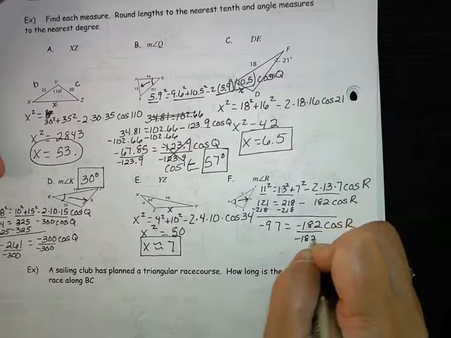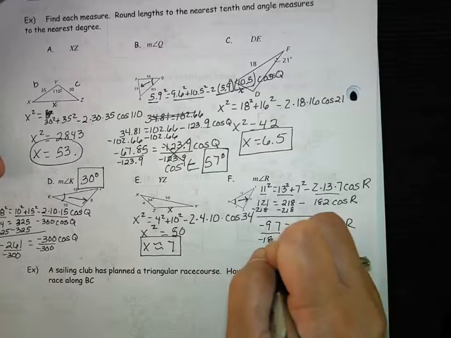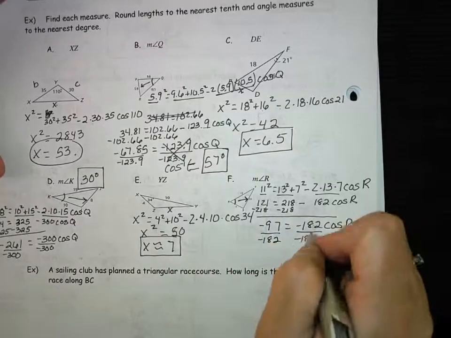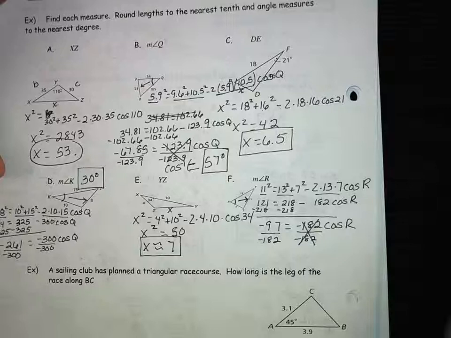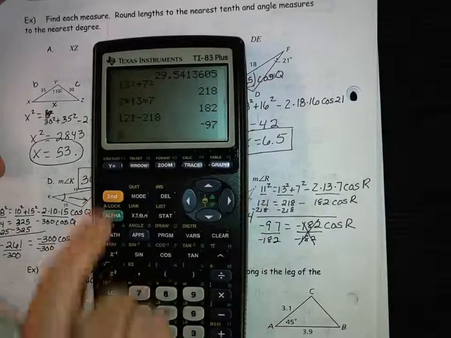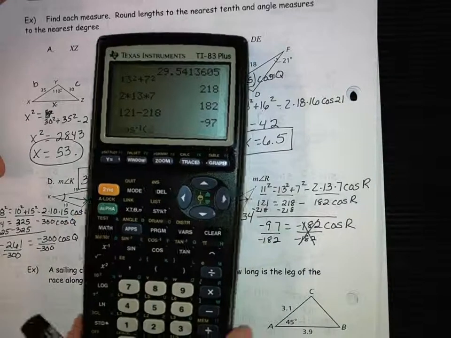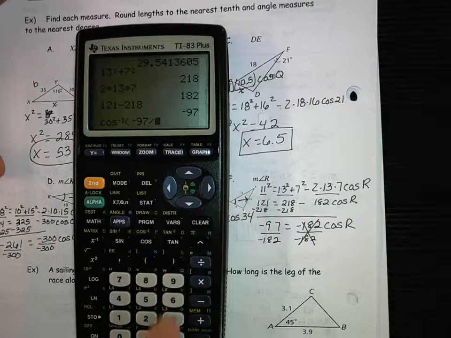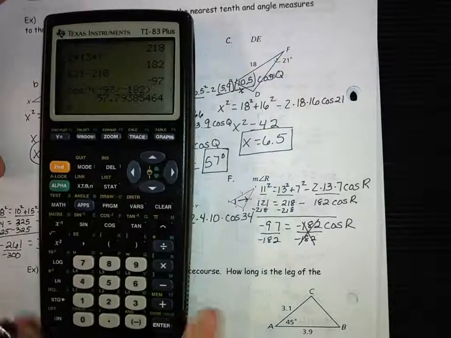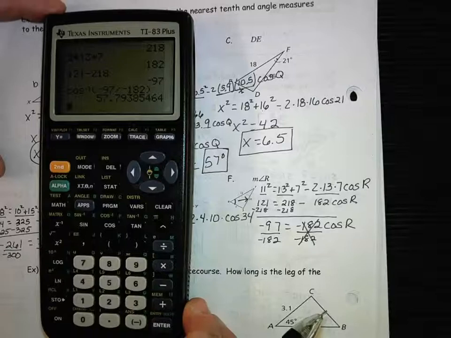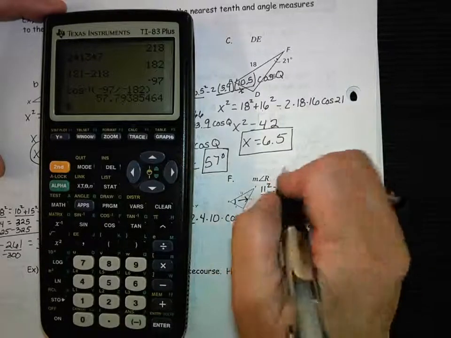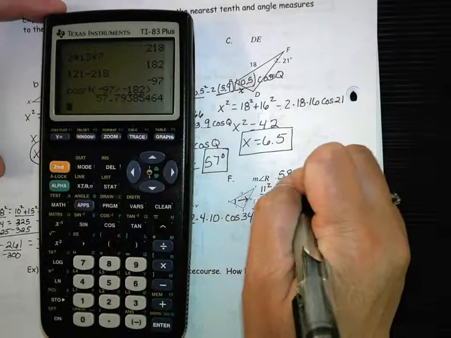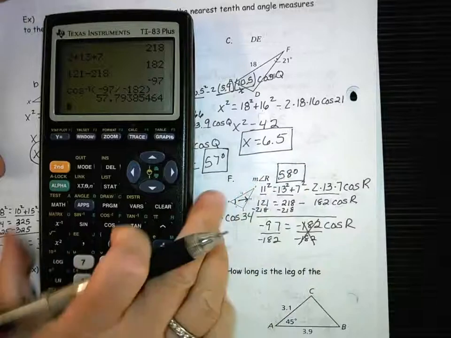Solving that, you divide both sides by negative 182, and then you do the inverse cosine. Inverse cosine, negative 97 divided by negative 182, 57.79. So that angle R, I'm going to round up to 58 degrees.